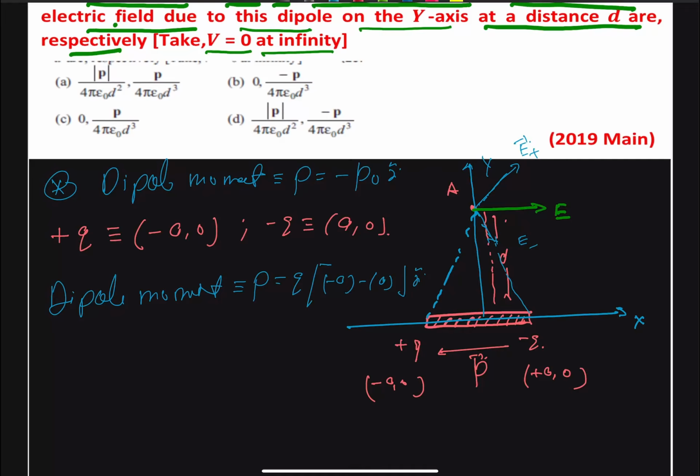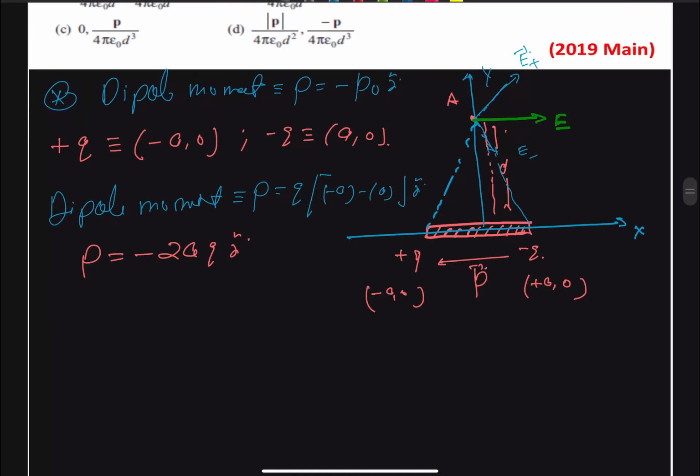So we get P as minus 2a q x unit vector. From here we can find our charge q in terms of P naught: q will be equal to P naught upon 2a.